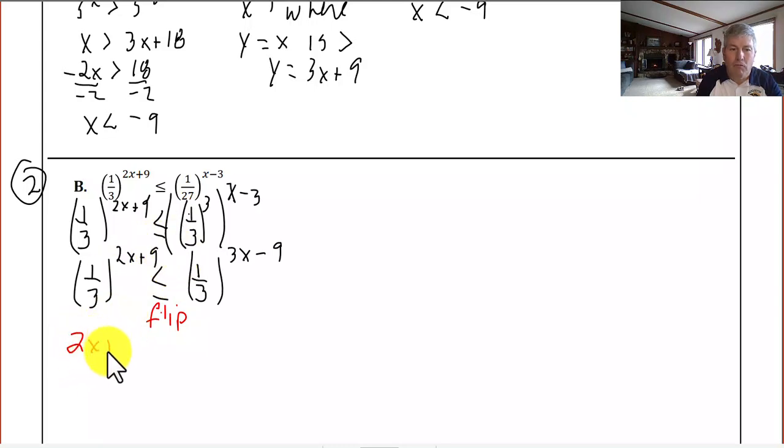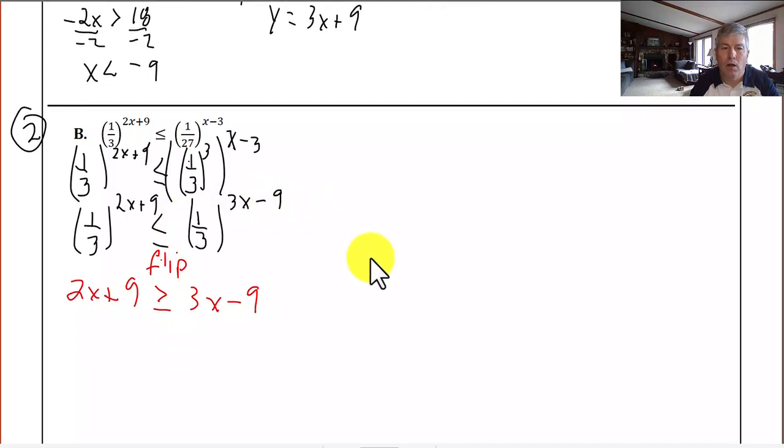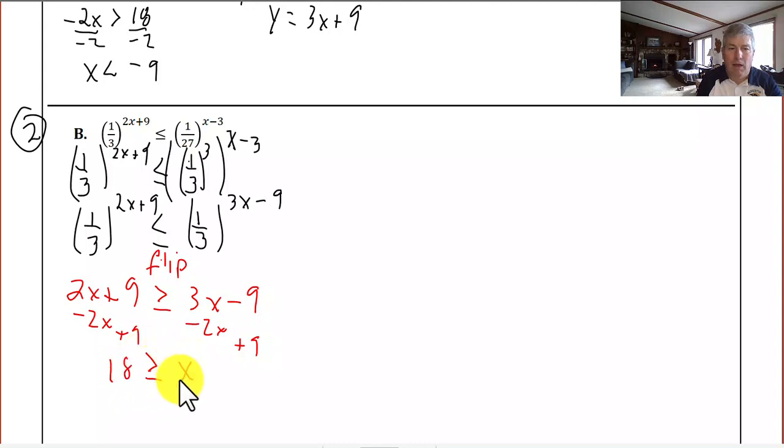So we have 2x plus 9 is greater than or equal to 3x minus 9, because our base is between 0 and 1. So now we can solve for x. Subtract 2x from both sides. Add 9 to both sides. And we get 18. And x is less than or equal to 18.